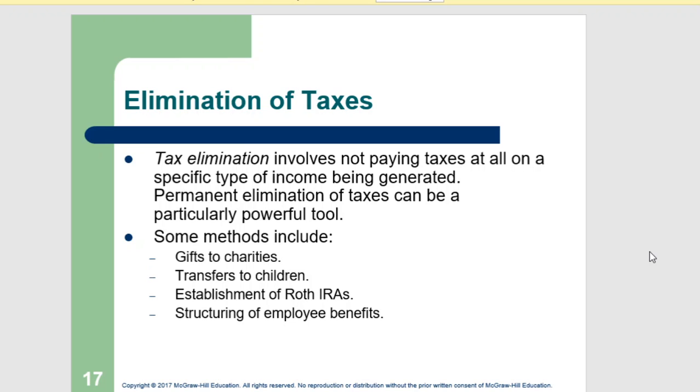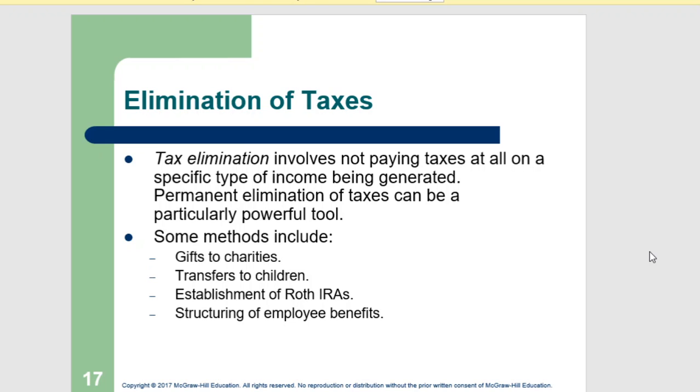So you're not deferring tax in this case, but the earnings grow tax-free. So at the end, when you're withdrawing money from a Roth, you're not paying tax on withdrawals. And so that in effect eliminates the taxes on the growth. It doesn't eliminate the income taxes you paid to get the money in, but it does eliminate the tax on the investment's growth. So that's just an example of a way to eliminate tax.